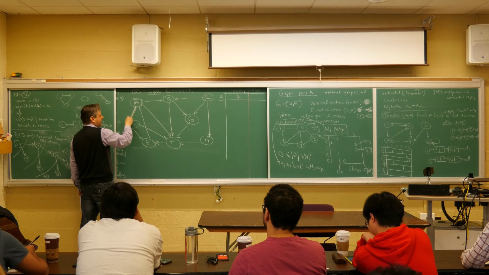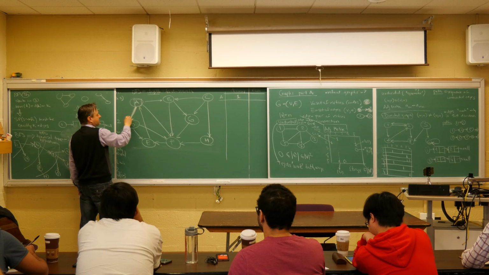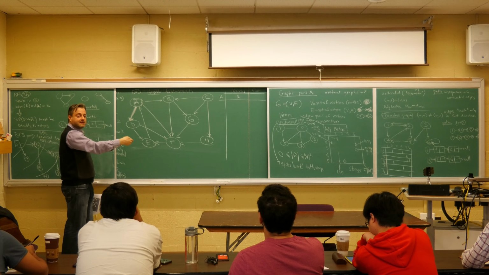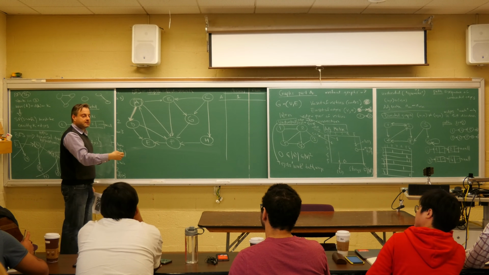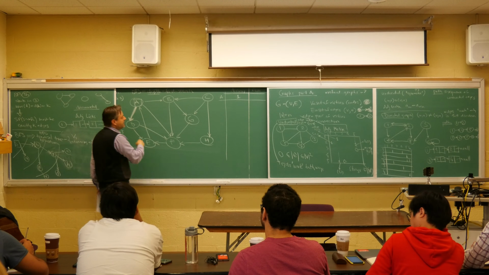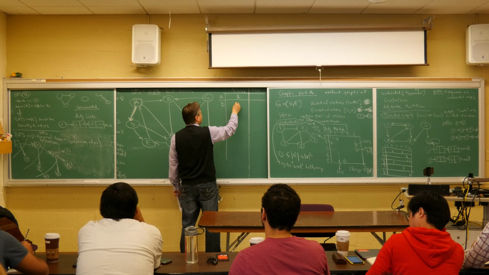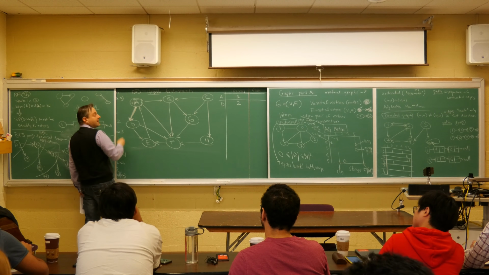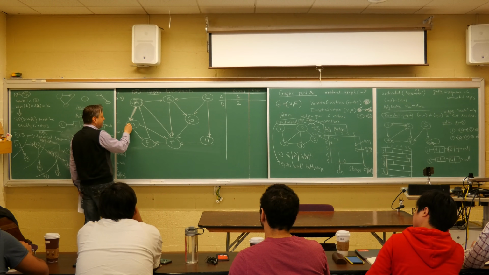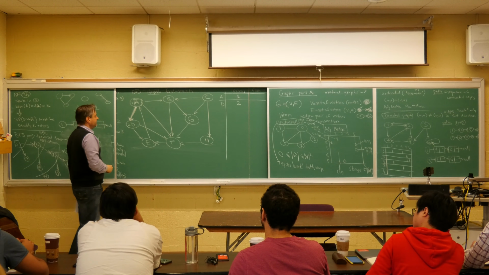I'm gonna make these edges bigger because those are like in BFS, the advance edges, edges that allow me to discover new nodes, right? So now if I move here, D is gonna be discovered at time 2, right?